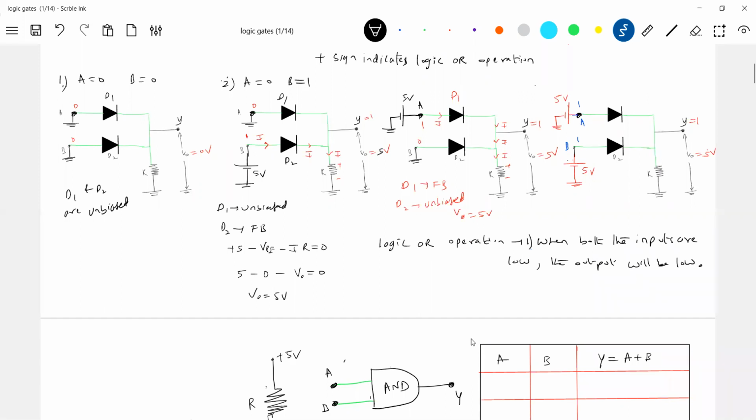Next, the second one: when any one input or both inputs are high, the output will be high. So that's the basic idea of the logic OR operation.